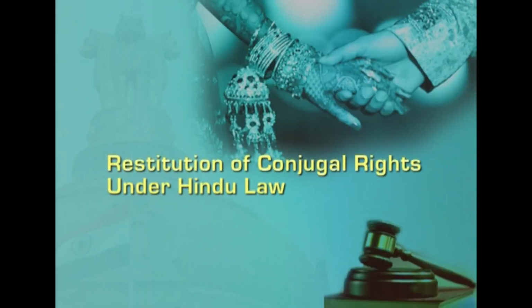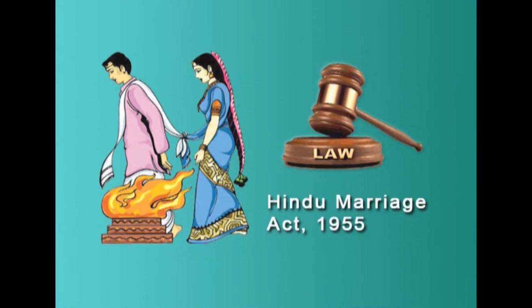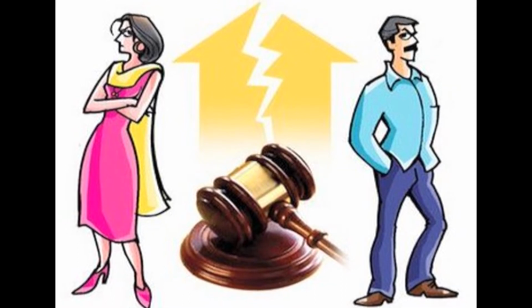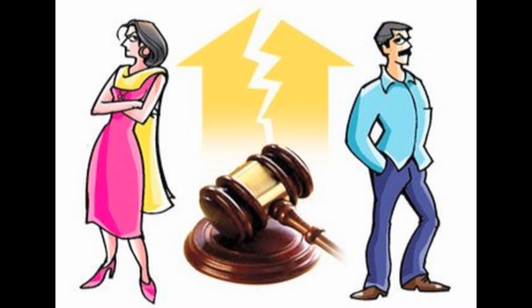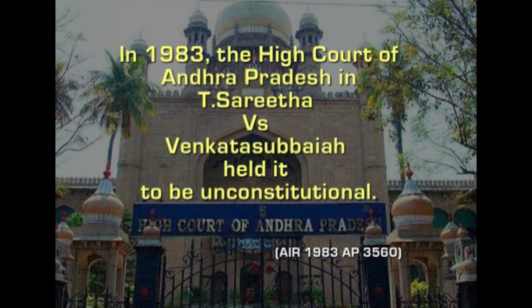Under Hindu law, the ancient Hindu law does not provide for this right. Section 9 of the Hindu Marriage Act 1955 provides for the remedy of RCR. Any aggrieved spouse may apply to the district court for RCR. The court, after examining, may decree RCR. The burden of proof shall lie on the person who has withdrawn from the society.